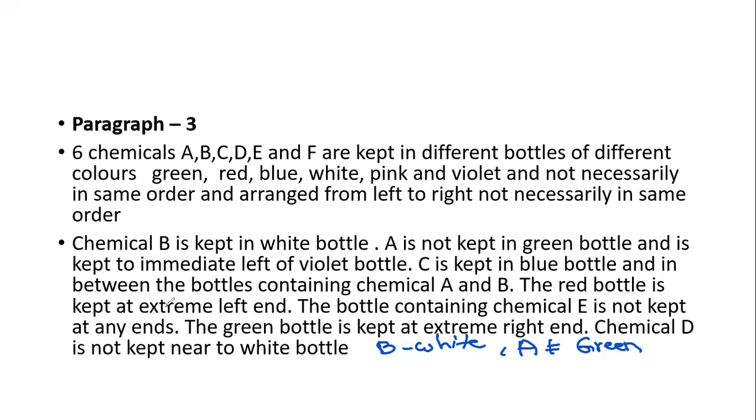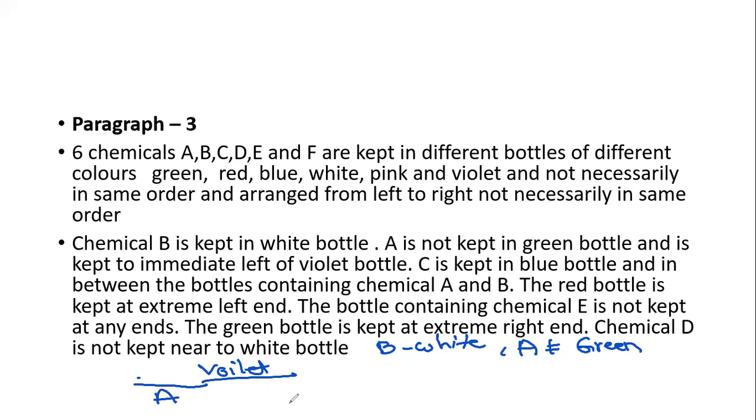So this is what we need to concentrate a little more on. Violet color bottle, but we don't know what the chemical is, and left of violet. So if violet is here, right side of violet is this, left side of violet is this. So A should be left of violet. Try to understand this clearly, guys.